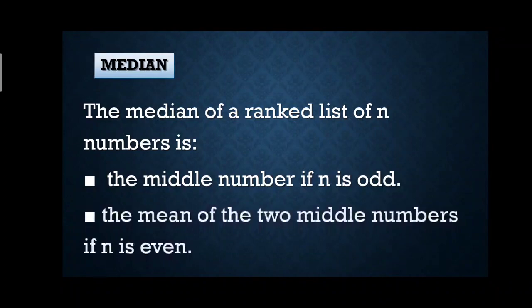So if the data are even, get the average of the two middle values, and that is automatically the median.